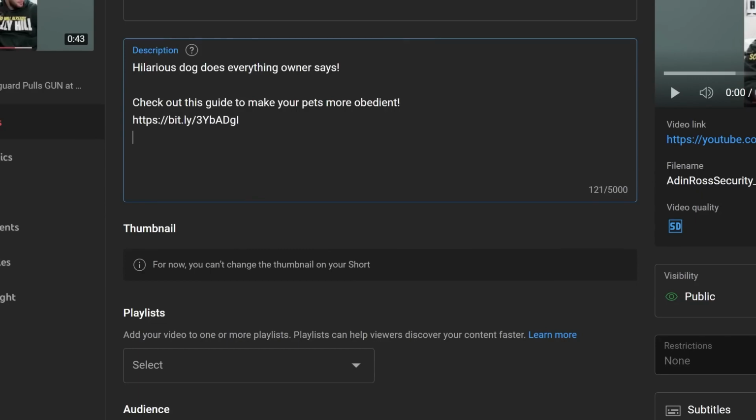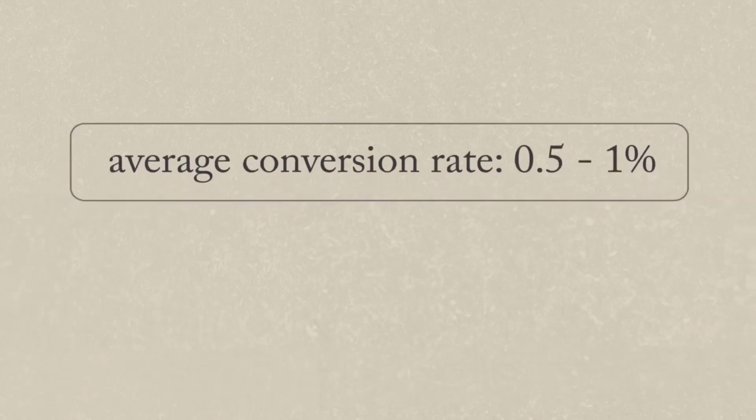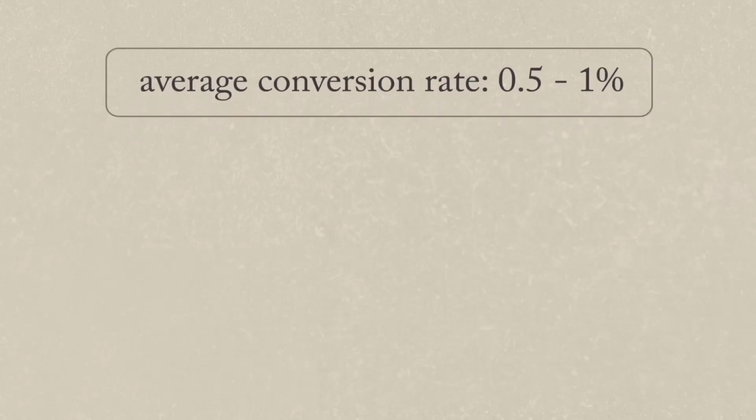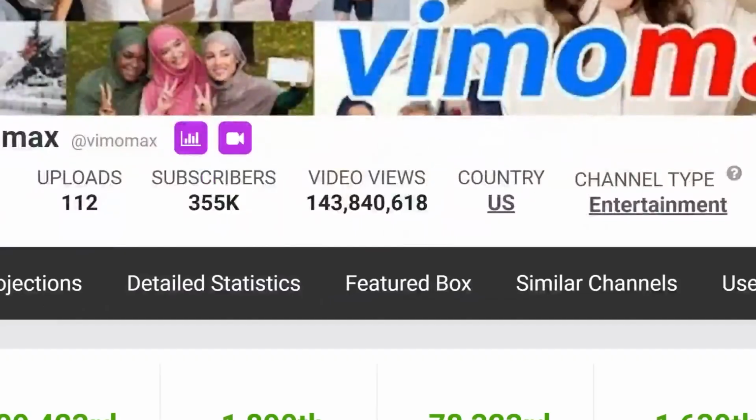And you know what, let's just do some quick math here just to see what's possible. So what's considered an average conversion rate for affiliate marketing is somewhere between 0.5 and 1%. Now let's be extra conservative here and say your conversion rate is 5 times worse than the lower part of this range at 0.1%. So that'd be 0.001 multiplied by the number of views. This account has received 144 million views over its lifetime.